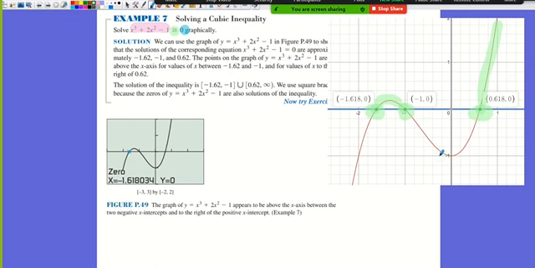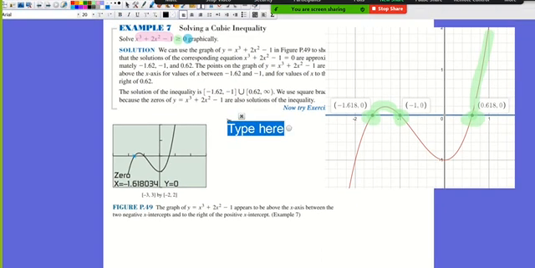All right, so how do we write that? There's going to be a two-piece answer. Okay, it's going to be a two-piece answer. Boom, 1.618 and 0 and -1. Remember, we only pay attention to the x values here.